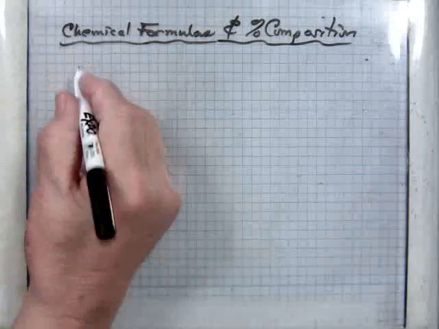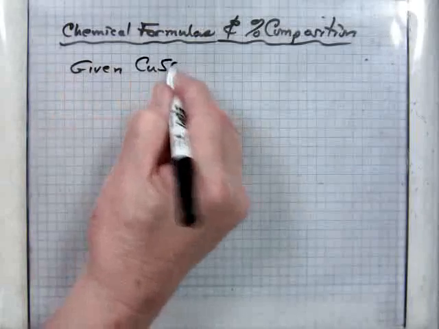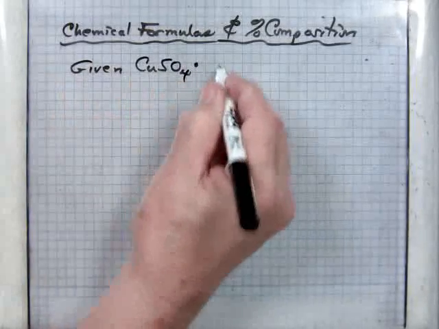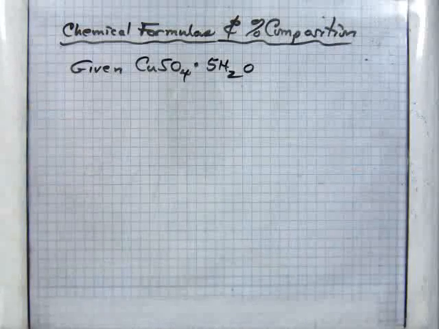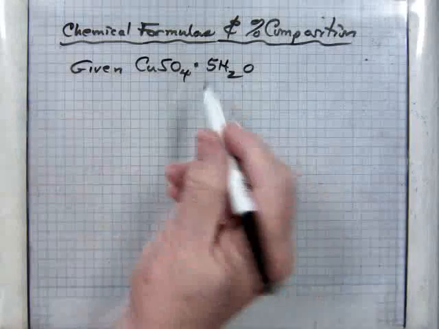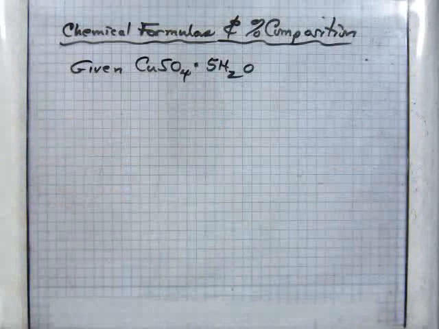So you're given copper sulfate 5H2O. That's copper sulfate pentahydrate. The dot means you have 5 molecules of water coordinated.